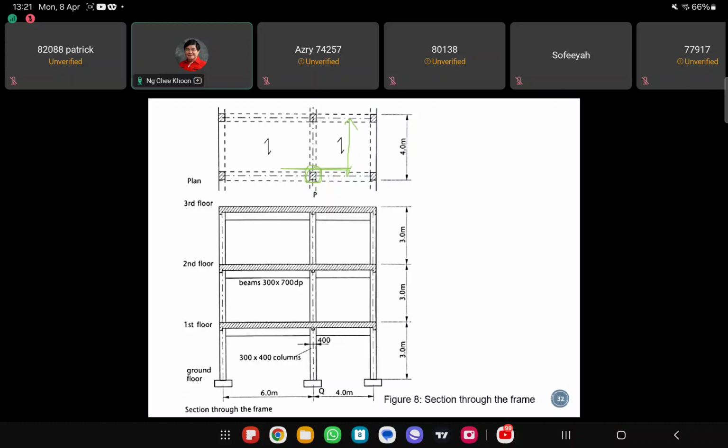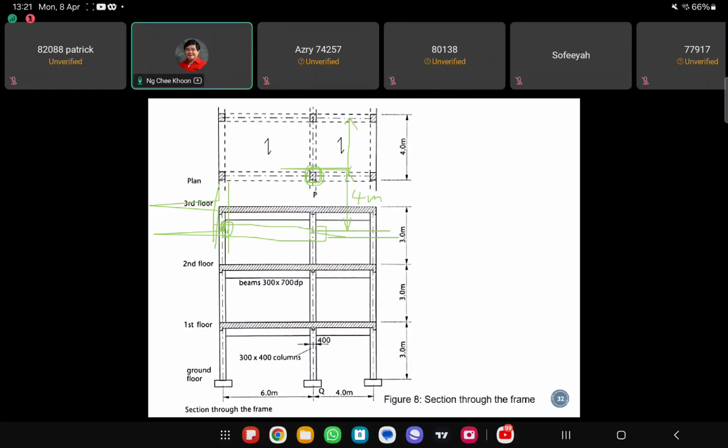So this is the column of concern, and if you continue on this side, you still have a 4 meter length plan. There's another set of beam here, another column there, and another beam connected to another column there, right?